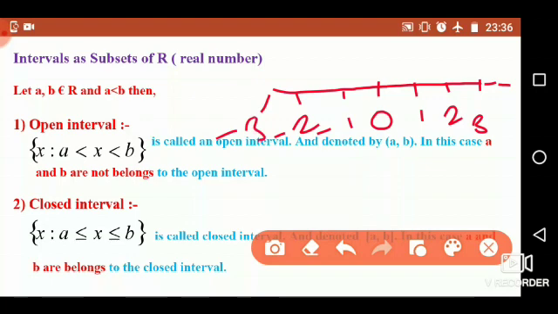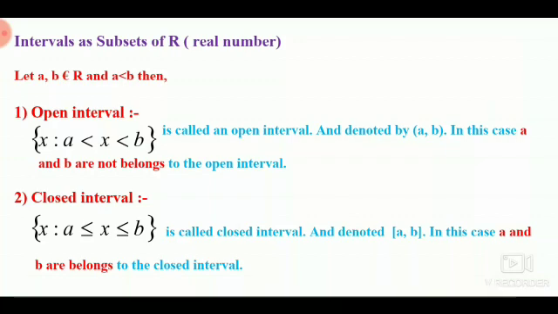Now in this case, if I take any 2 elements, let A and B be any 2 elements belonging to R, and A is less than B, then we can define the open interval. The set containing all X such that A is less than X less than B is called an open interval and is denoted by the small bracket (A, B).